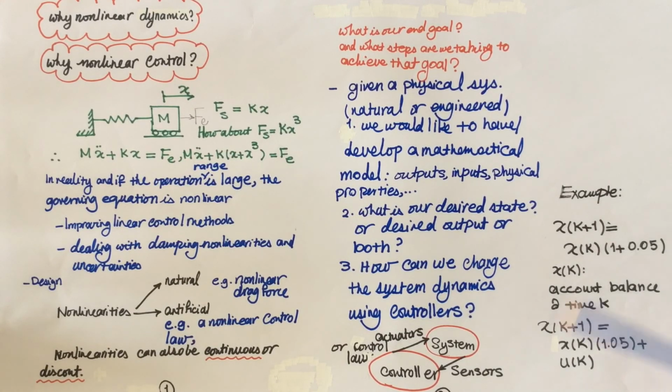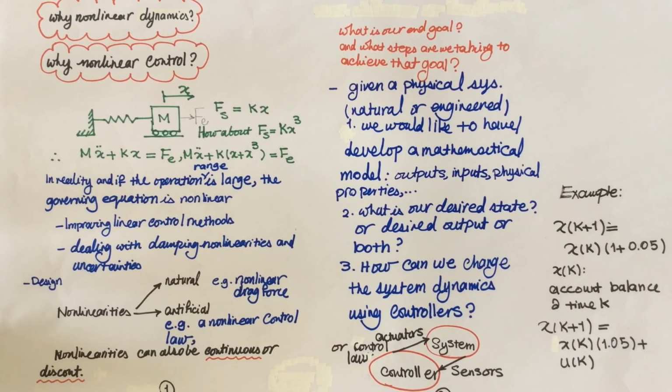And one last thing here is, when we say system, we don't mean just mechanical systems or continuous systems. We could talk about discrete systems. Think about this. Let's say this system describes the model of a bank account.